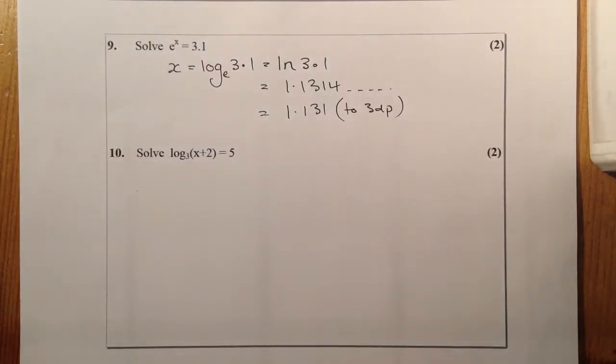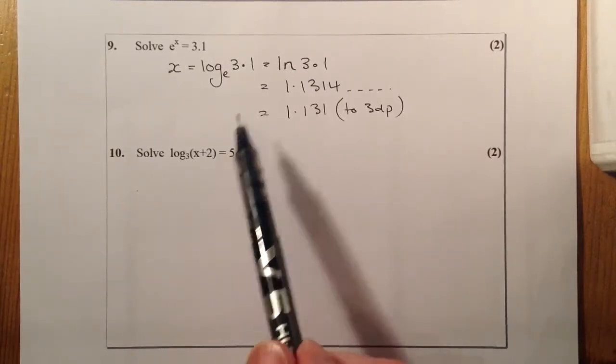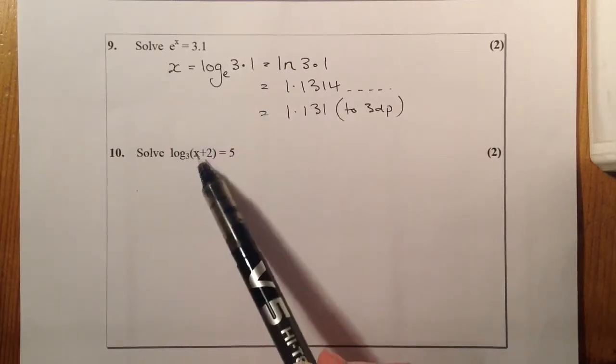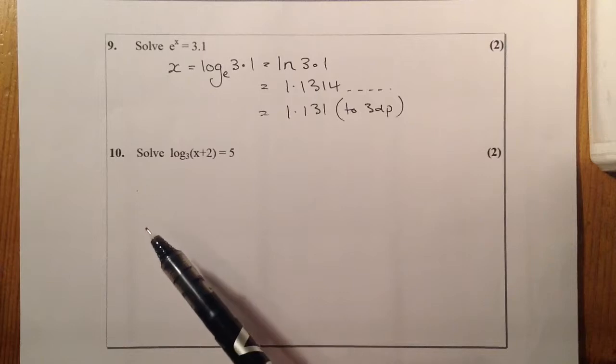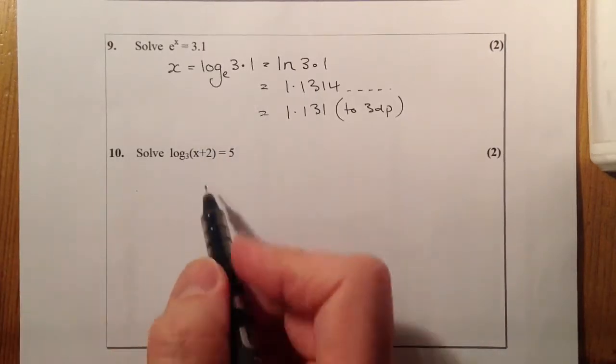Right, okay, so next question, question 10. What I've got is a log question here to solve. So what I'll do is the opposite of what I did up above. Instead of changing it to log form, I'm going to change the log form to exponential form. So let's go ahead and do that. So it's just the reverse of what I did up above.